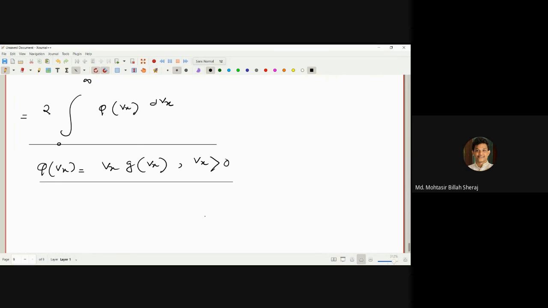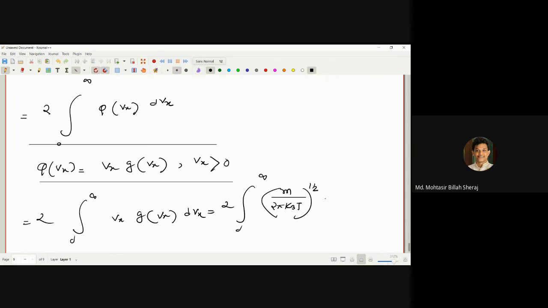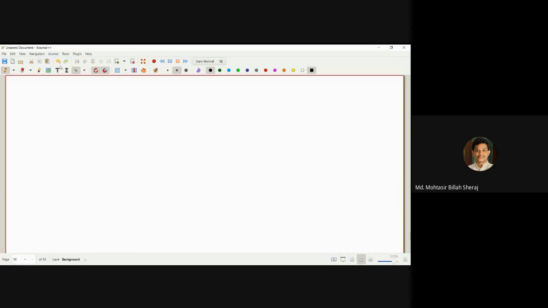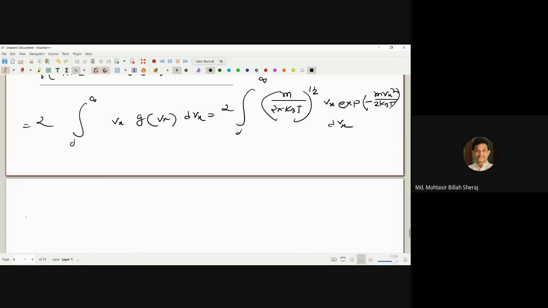Now your task is to replace this. If you replace it, you get the integral from 0 to infinity of m by 2 pi kbt whole to the power half, vx, e to the power minus m vx square by 2 kbt, dvx. Now we will do the rest. So this is the integration.